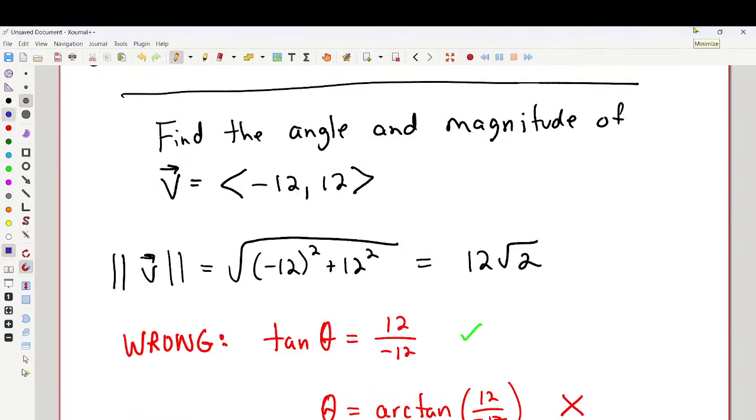However, if we think about this earthquake, it's 12 units this way, 12 units this way. The angle of this is right here. It's always made with the positive x-axis, or the positive real axis, similar to the complex plane.